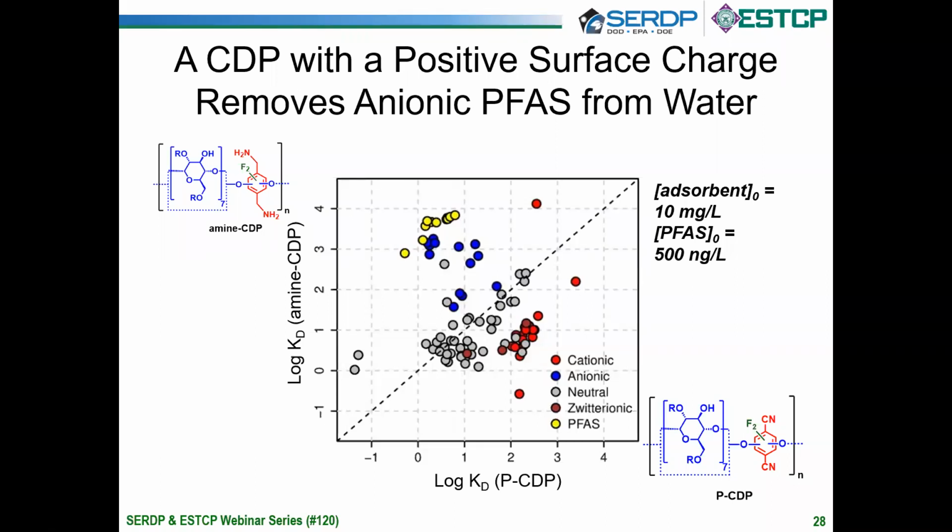We see actually a 3 order of magnitude improvement in the affinity of anionic perfluoroalkyl acids for amine CDP over P-CDP. We still expect that the interior cavity of the cyclodextrins are the primary binding sites for adsorption, but the charges on the crosslinker must somehow facilitate transport of adsorbates with complementary charge to the adsorption sites or otherwise facilitate the adsorption mechanism.